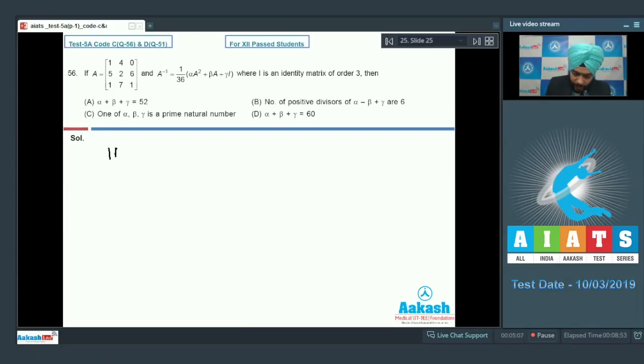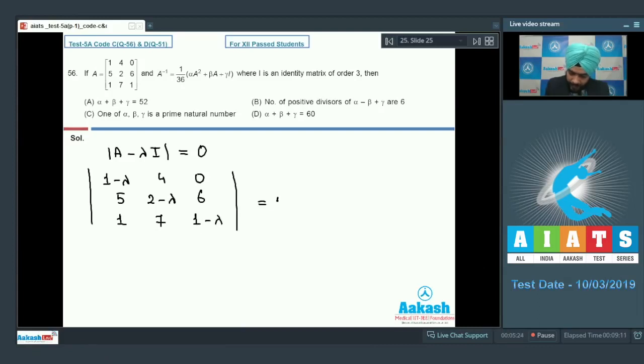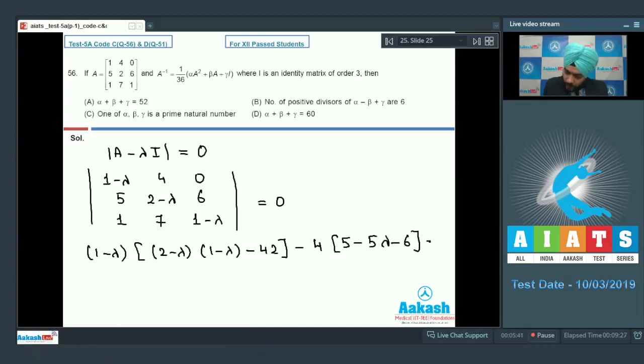So what is the determinant of A minus lambda I? It will be 1 minus lambda, 4, 0, 5, 2 minus lambda, 6, 1, 7, 1 minus lambda. The determinant is 0. Clearly it is 1 minus lambda into 2 minus lambda into 1 minus lambda minus 42, minus 4 into 5 minus 5 lambda minus 6 equals 0.